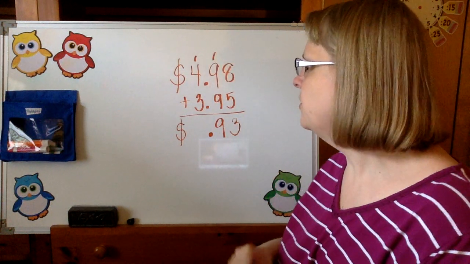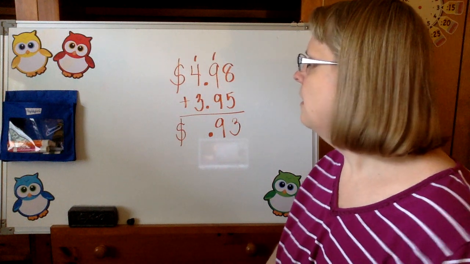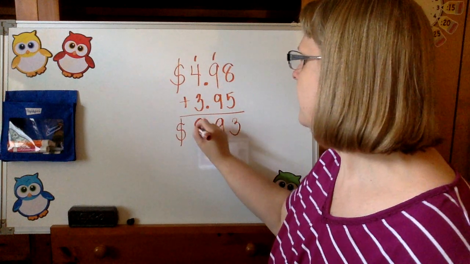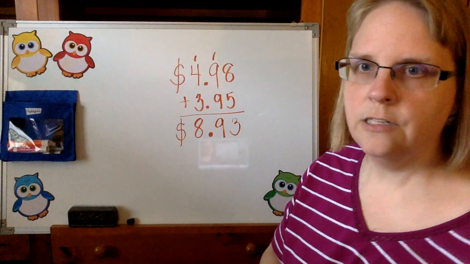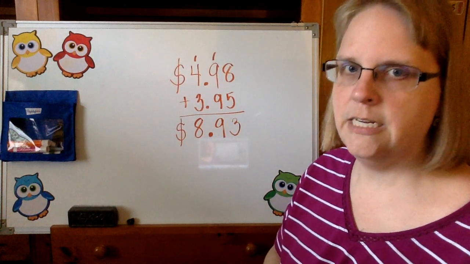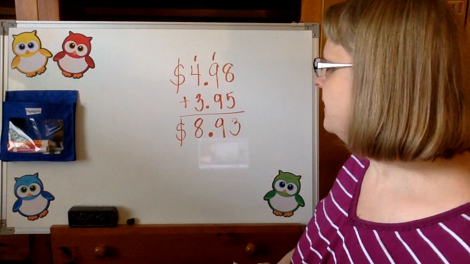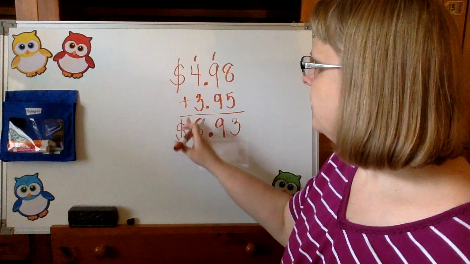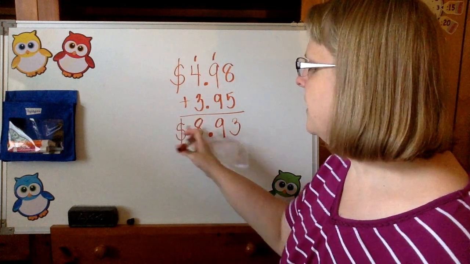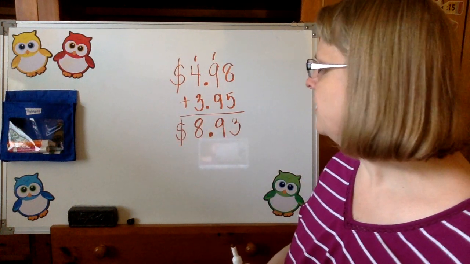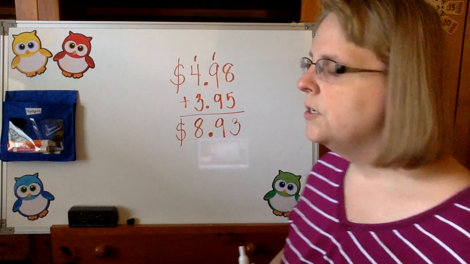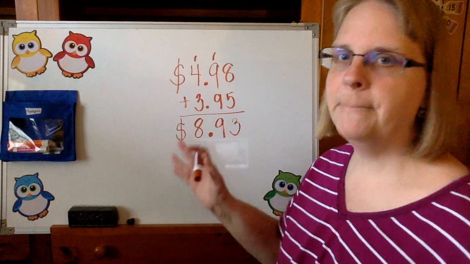And then 5 plus 3 is 8. So my final answer is $8.93. All right. And you might want to leave a little extra space there at the dollar sign in case you have double digits there in your final answer. So that is adding money.